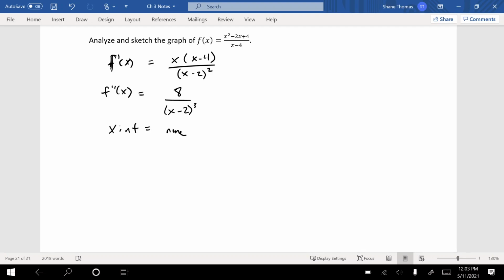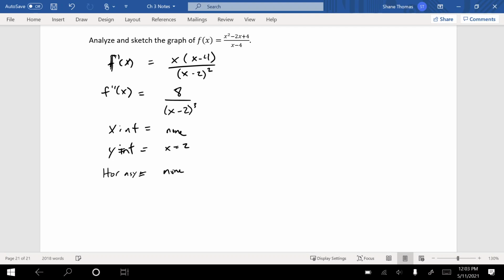All right, then y-intercept: I put a 0 in for x everywhere, and I'm going to end up with 2. Horizontal asymptotes: we actually do not have any here.